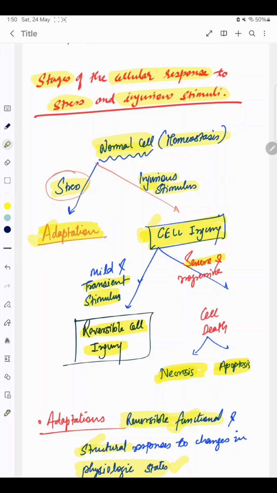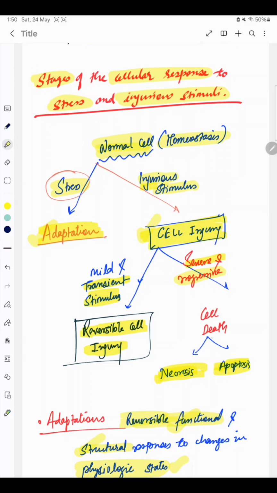When the injurious stimulus is mild or for a transient period, cell injury is reversible, and when this injurious stimulus is severe and for a long or progressive period of time, then this may result in cell death.